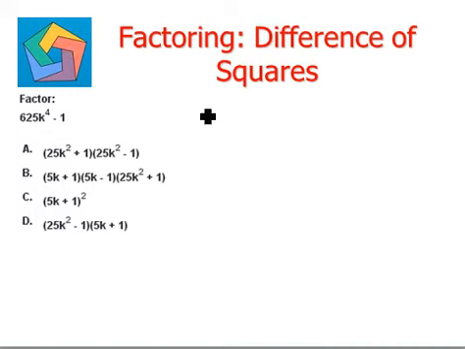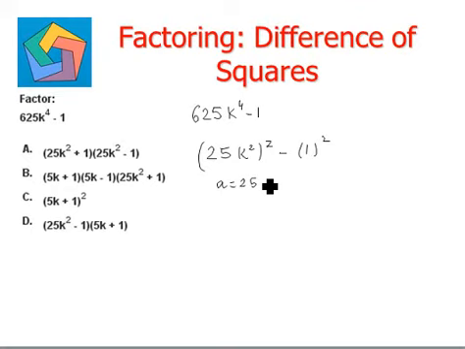Factor, again, 625 k to the power of 4 minus 1. So 625 is the square of the number 25. k to the power of 4 is k squared all to the power of 2 minus 1 squared. So now we can write down the formula. Here we have a is 25k squared.